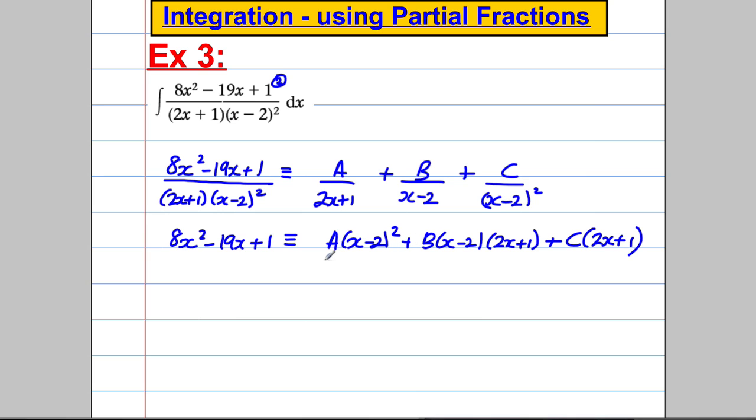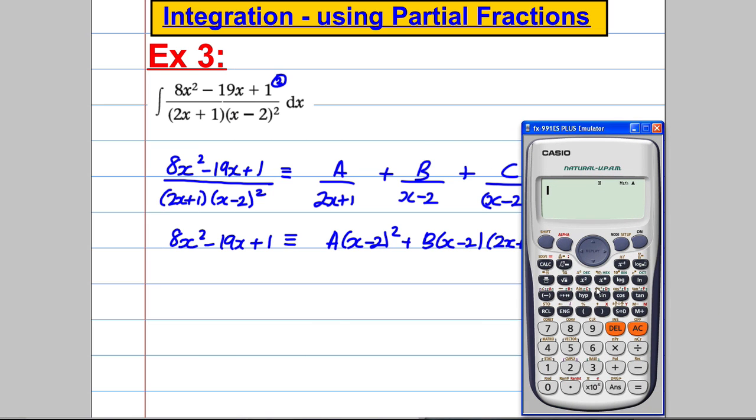Now the first thing I'm going to do, if I was doing this, is firstly write in on my calculator 8x² − 19x + 1, so when I do my various substitutions, it's easier for me.